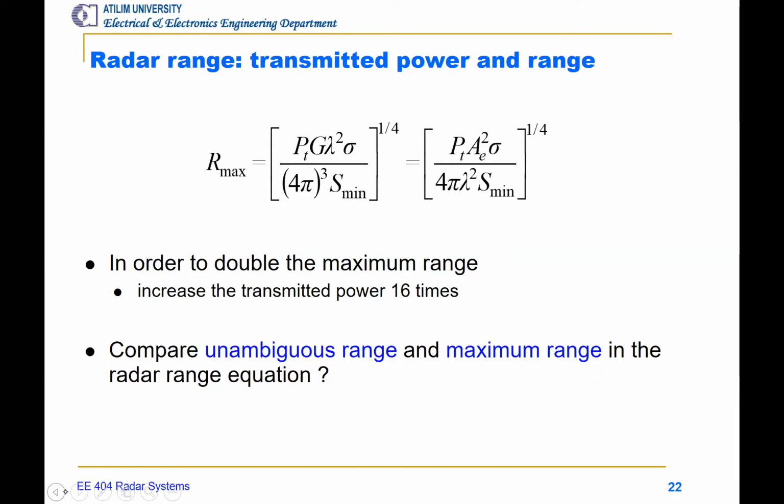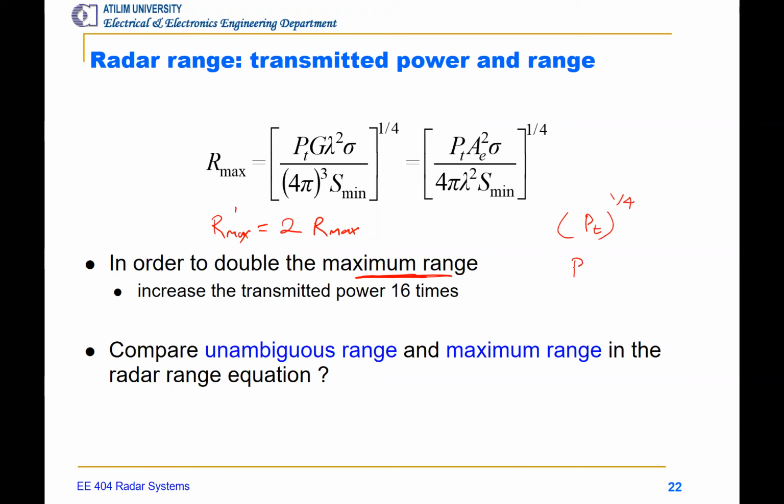Okay, now let's see this equation. In order to double the maximum range, so in order to get an R max prime, which is 2 times R max, you have to increase the transmit power 16 times. Why? Because the transmit power is raised to the power of 1/4.